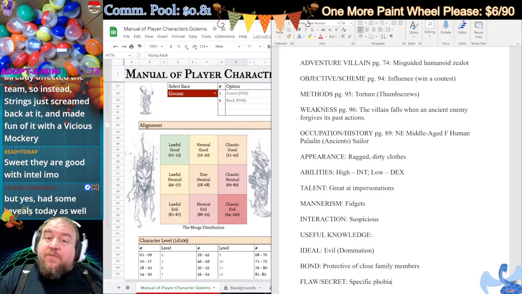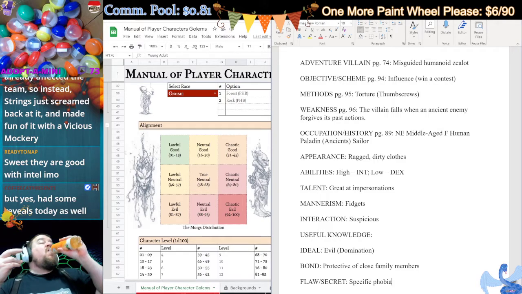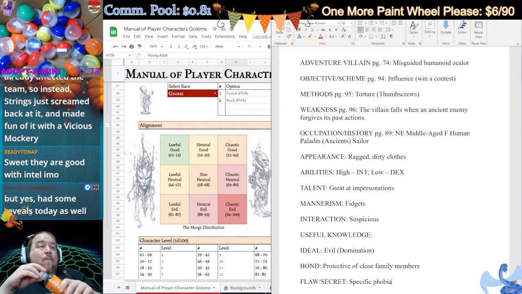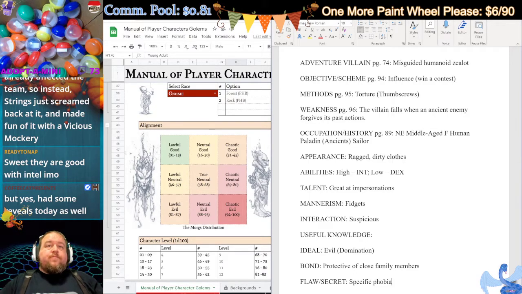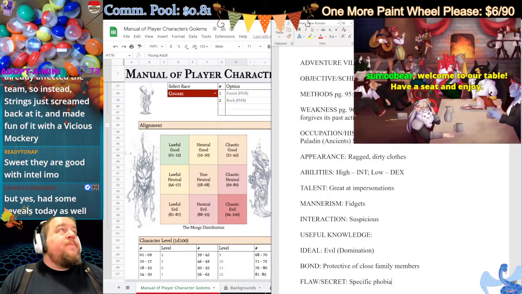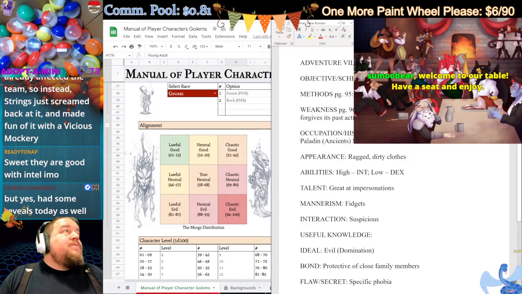I caught one with Rune earlier. Sound a feasting horn. Samu Bear, welcome to our table.